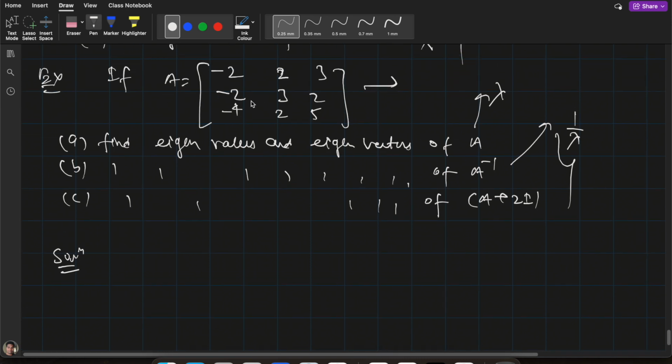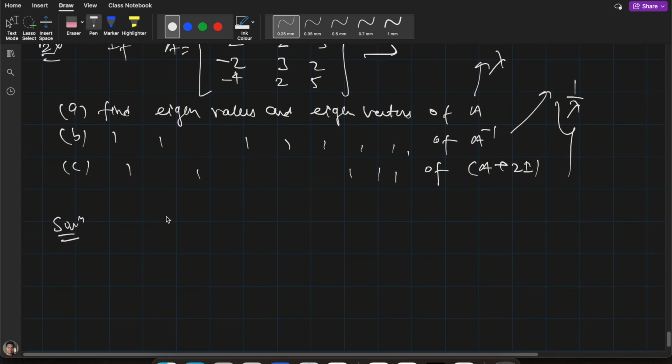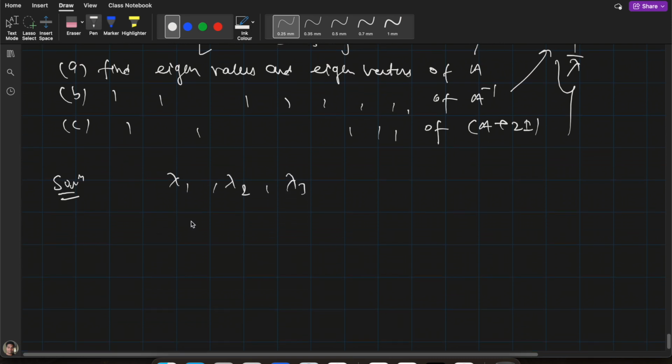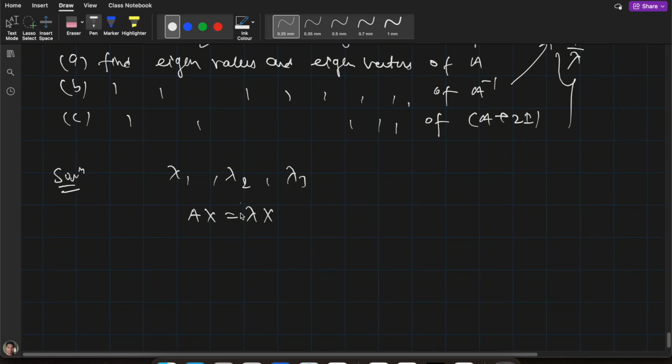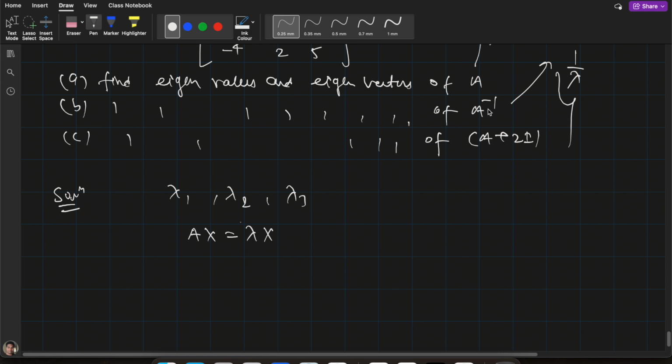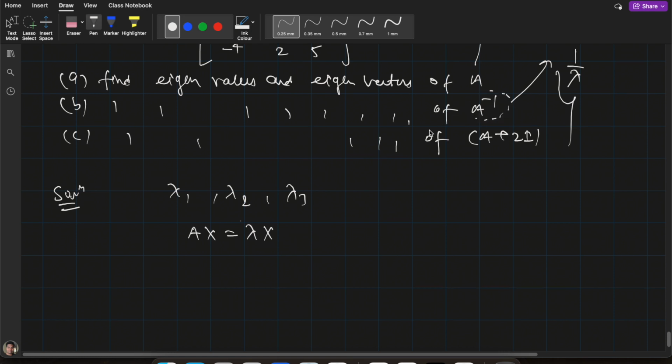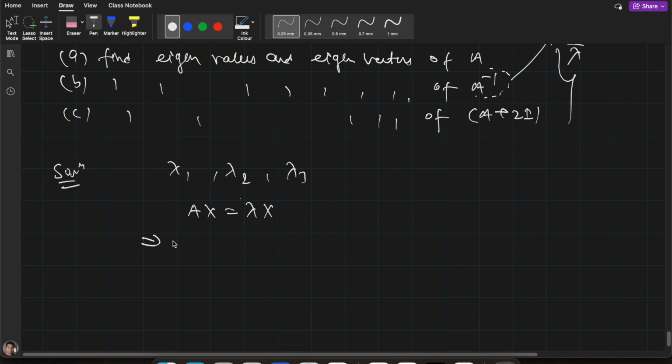Suppose for matrix A I have eigenvalues lambda 1, lambda 2 and lambda 3, and for matrix A I can write Ax equal to lambda x, which means this lambda is an eigenvalue of matrix A. Now I want the eigenvalues and eigenvectors of A inverse. So I will take A inverse on both sides.